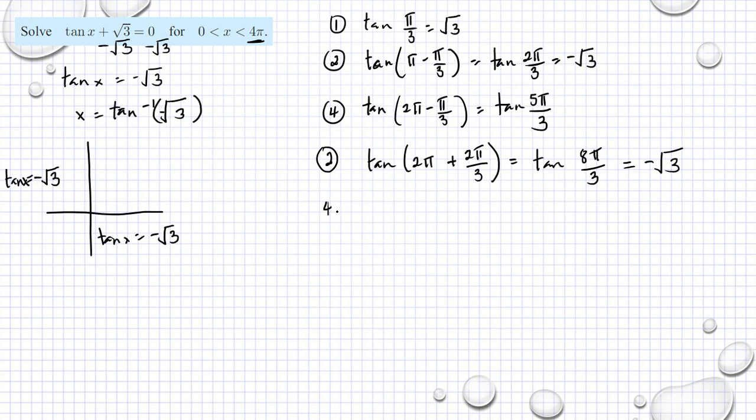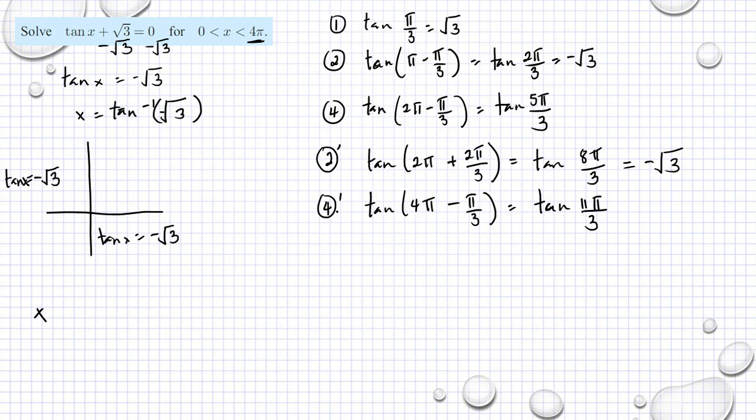And then for the fourth, another, I can put it like that so that we know that this is the second revolution. Then we have tangent of 4 pi minus pi divided by 3, then we have 12 minus 1, and then tangent of 11 pi divided by 3.